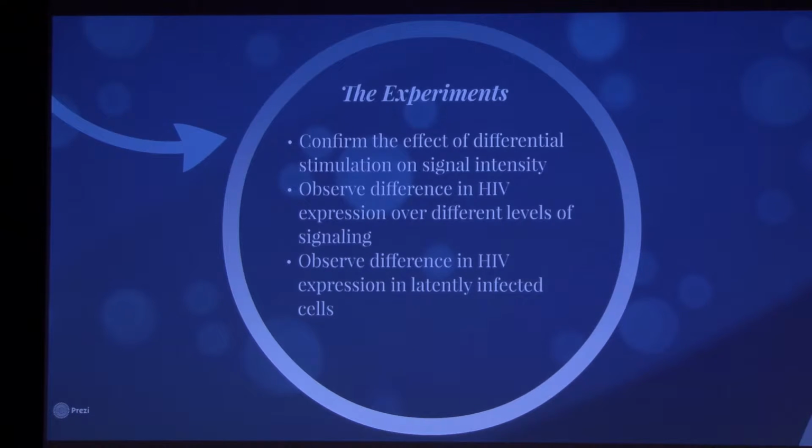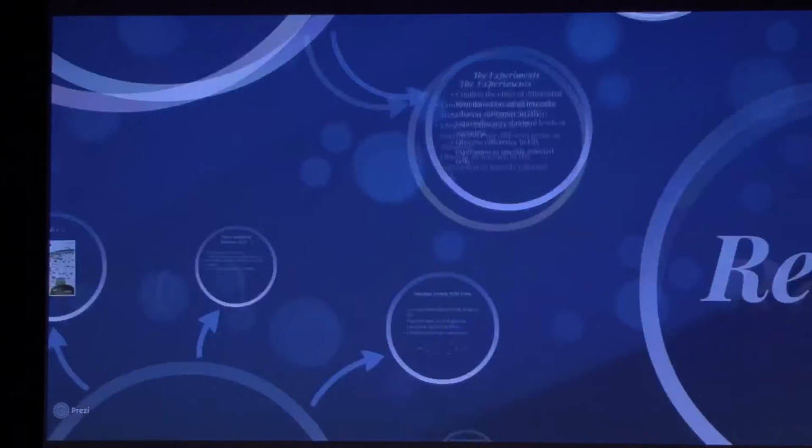And as a final step, we wanted to look at cells that appeared to not be expressing any HIV. These cells would either be completely uninfected or latently infected. We would re-stimulate these and see if there was a difference in the amount of HIV produced between the two kinds of populations. I'll explain more about this very soon.